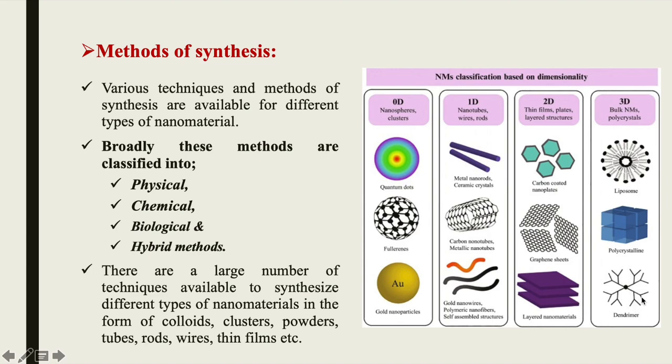This is a polymeric nanomaterial, recently synthesized. So these are the four types classified in terms of dimensionality and in terms of shape. These are the shapes of the nanomaterials.